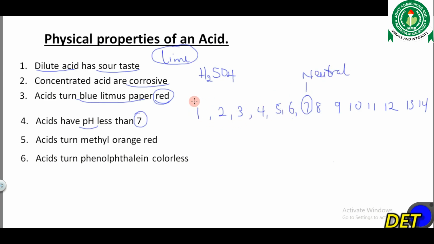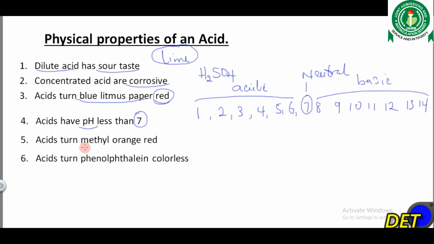From 1 to 6 is acidic, while from 8 to 14 is basic or alkaline. So any pH that is less than 7 is acidic. That's an important property of an acid.